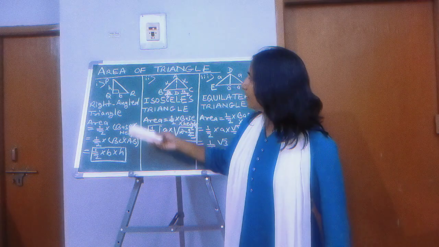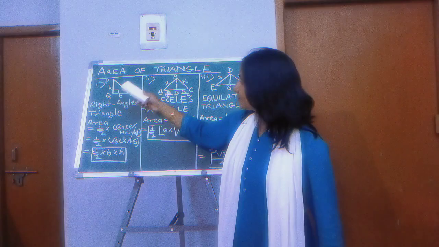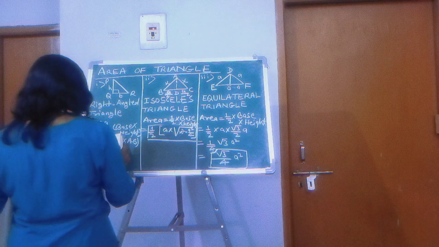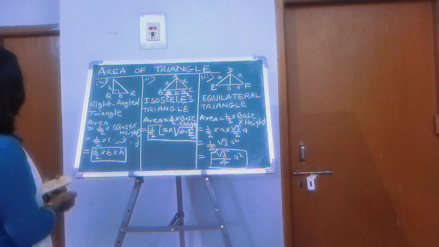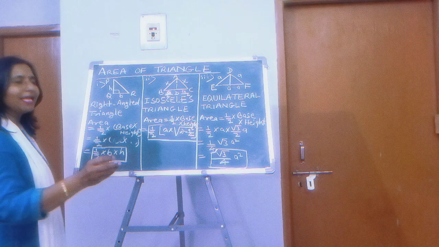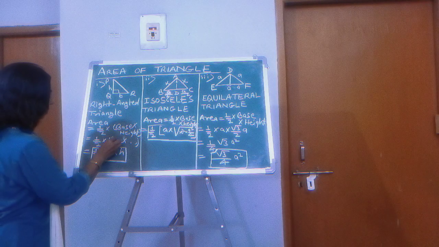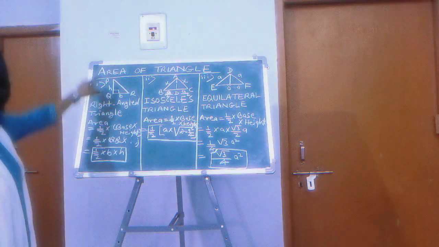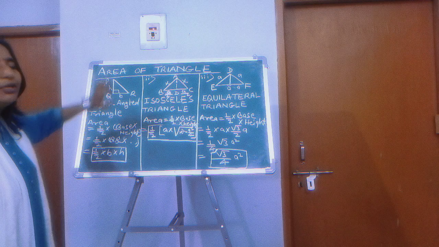Here in this right angle triangle, if we take the base as QR, then what should be the height? If you take this as the height, what is the height? PQ.